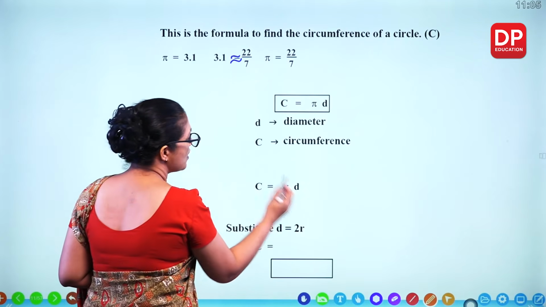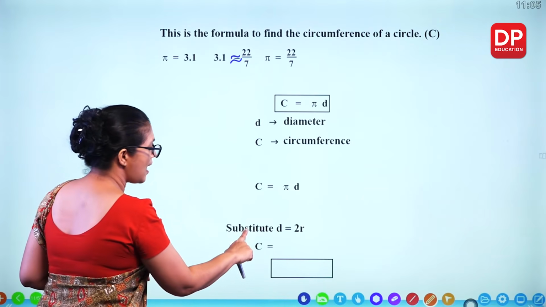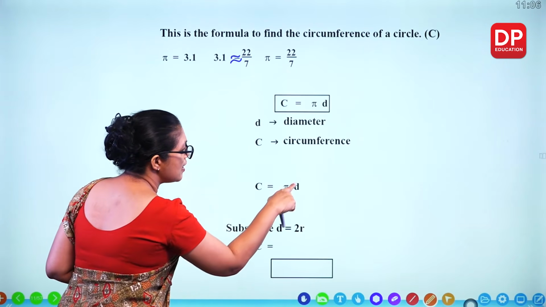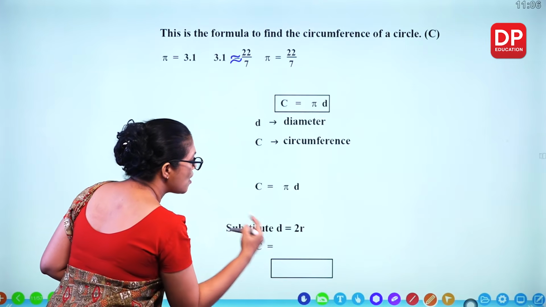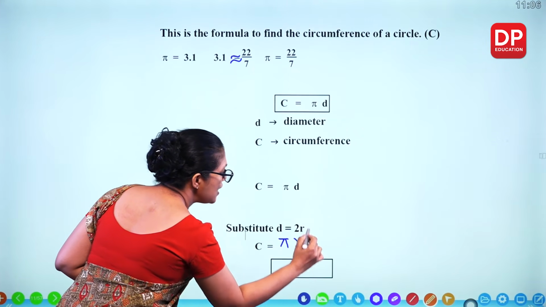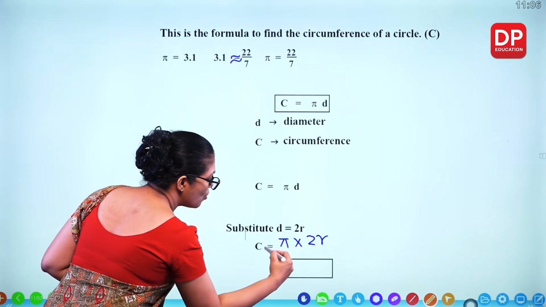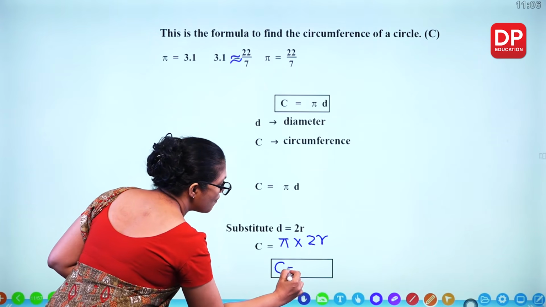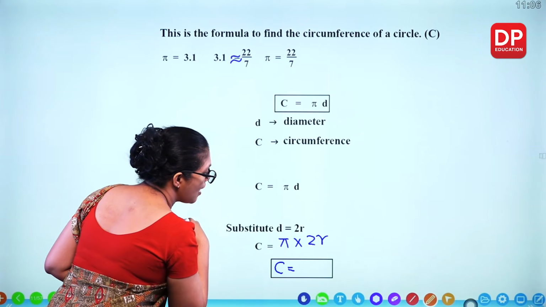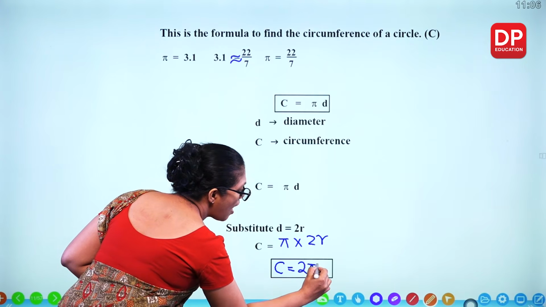Now we know C equals pi d. But we know the relationship between diameter and the radius. So when you substitute radius instead of diameter, what do we get? Pi, instead of d, I can write 2r. And when I take 2 in the front, what am I getting? 2 pi r.